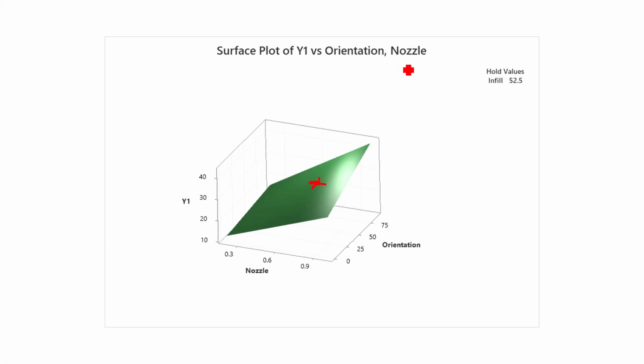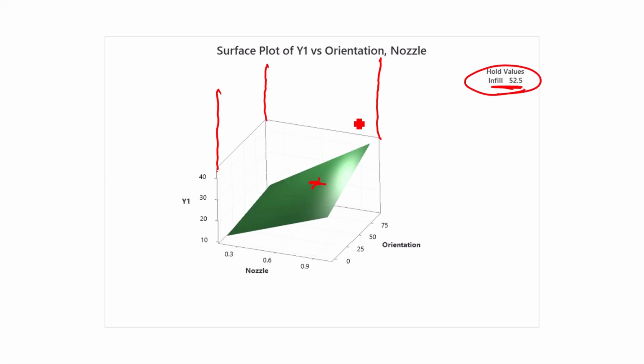Now I mentioned earlier that we'd fixed the infill to 52.5, and I said we might change that later. You'll notice this is almost like sitting in a lift shaft. Think of it like a lift shaft. If I changed that 52.5, what would I have done?